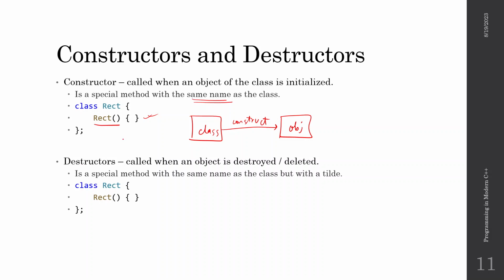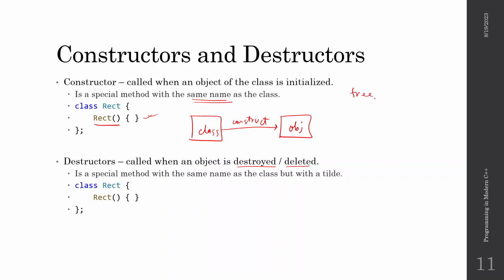Similarly, we also have destructors. A destructor is a special function which is called when the object is destroyed or deleted. For example, after the program finishes or the function finishes, an object is destroyed. Sometimes if the object has been allocated to heap memory, the object might also be cleared manually, using the free or the delete method.